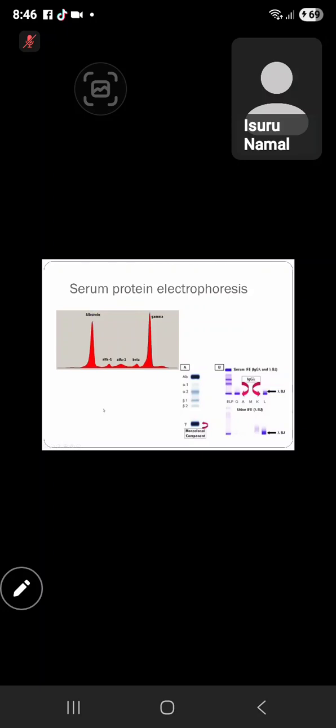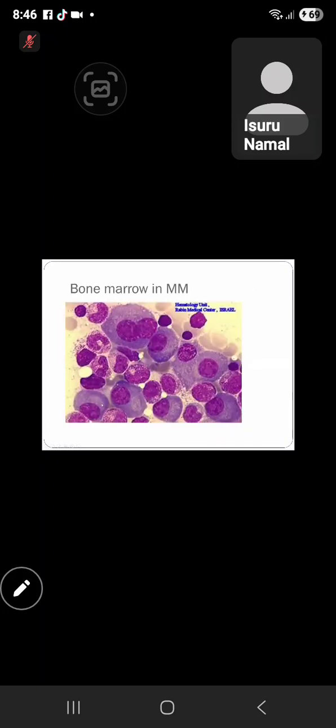In this cell, you can identify some perinuclear halo. Here, large cell, eccentric nucleus, dark blue cytoplasm, and perinuclear halo present. This type of cell we call a plasma cell.